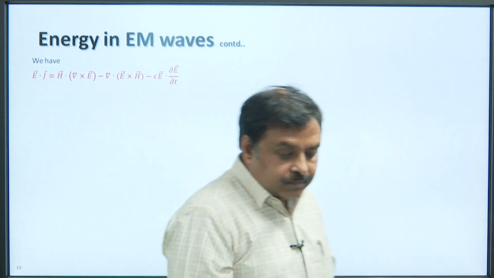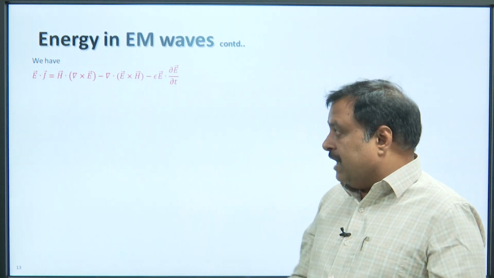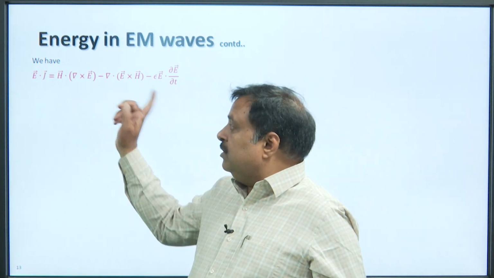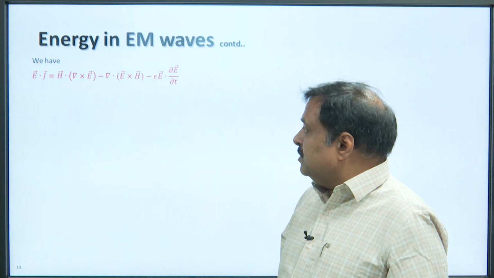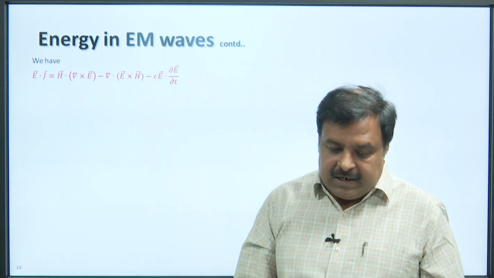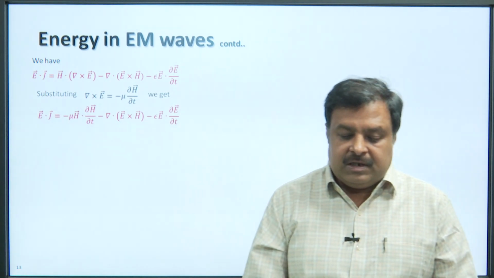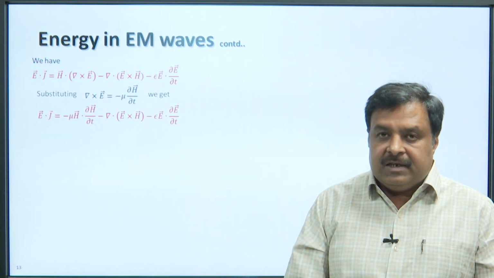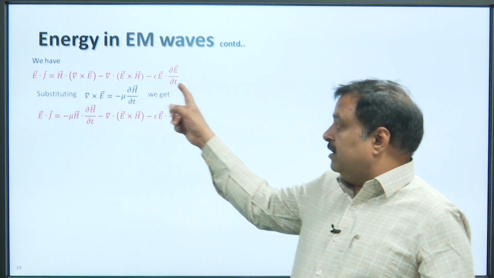So, we have this equation from last slide, E dot J equal to H dot del cross E minus del dot E cross H minus epsilon E dot delta E by delta t, and from Maxwell's equation del cross E equal to minus mu delta H by delta t, we will substitute in the above equation.